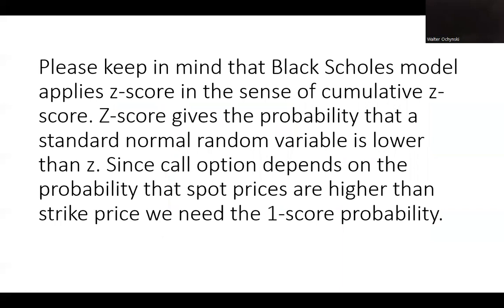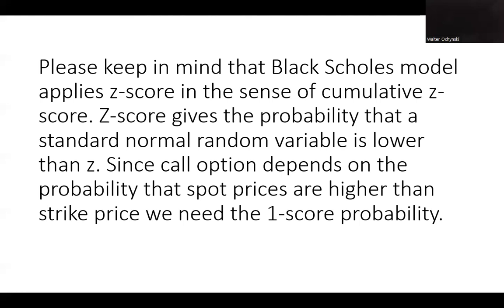Z-score gives the probability that the standard normal random variable is lower than z. So you are going from the left of the distribution to your event, and you have all from the left up to the z-score, the probability for events which are smaller than the z-score.